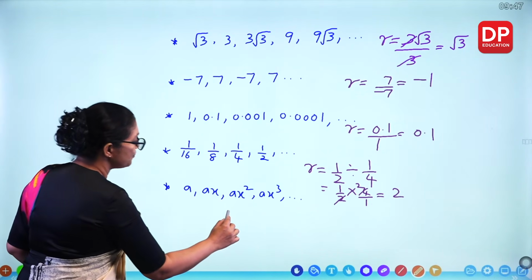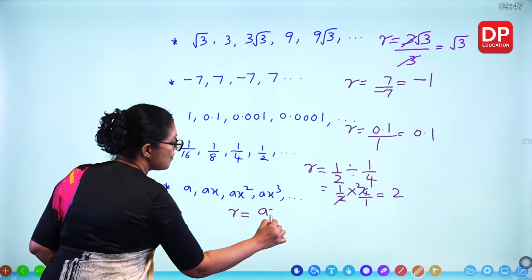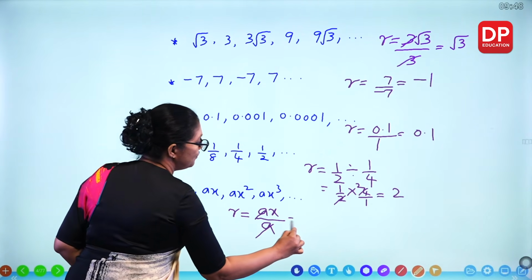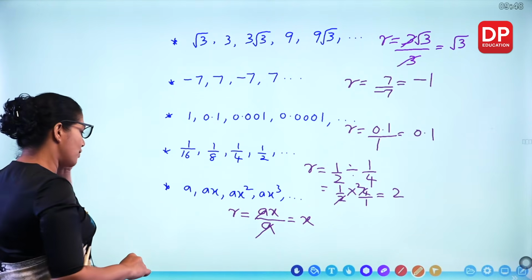This one, what's the ratio? Common ratio: take any term, divide by its previous term. You get x as the common ratio.